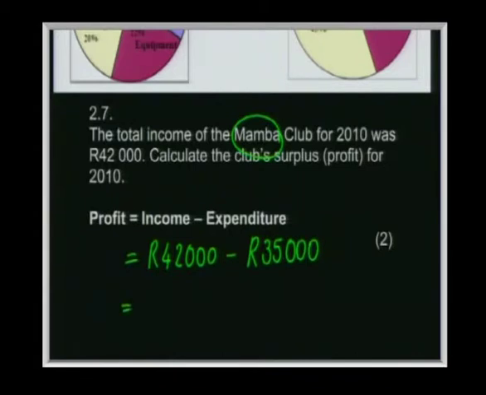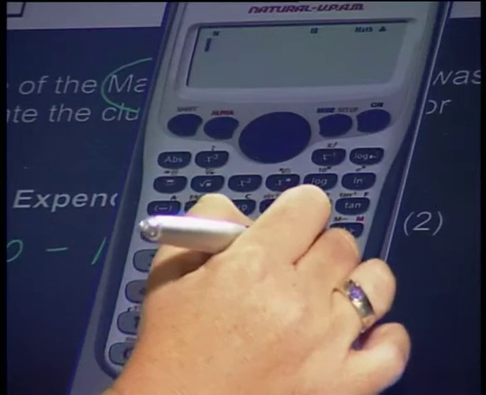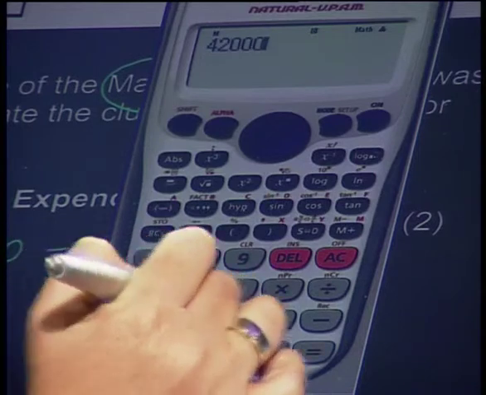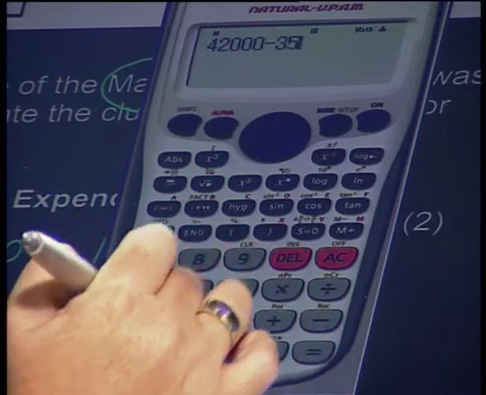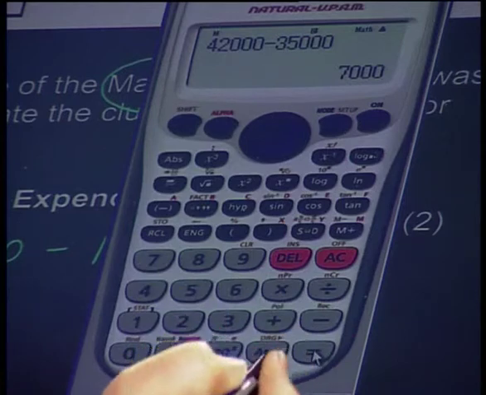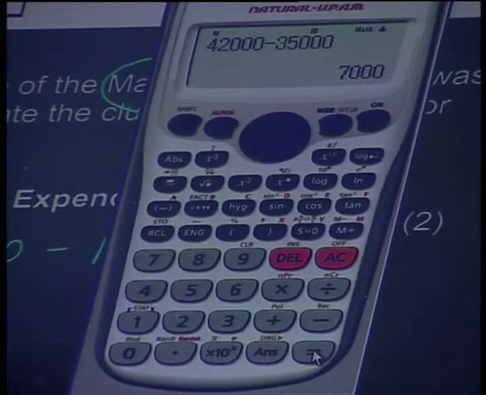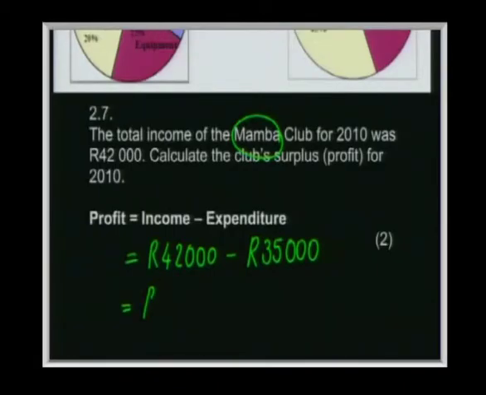We can do this on our calculator. So it's going to be 42,000 minus 35,000, which gives me an answer of 7,000 Rand. So this is going to be my profits.